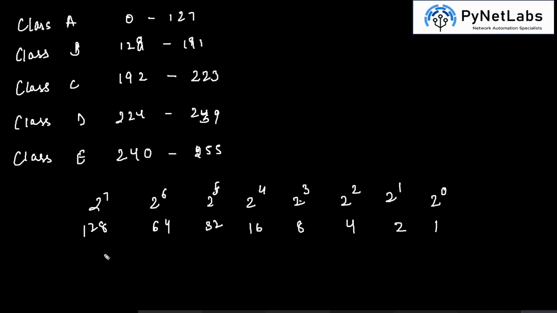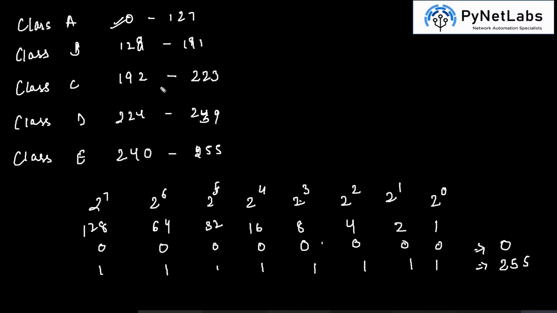If we turn all of the bits off, which is 0 for all, the result we get is 0. And if we turn all of the bits on, which is 1, and sum them up, the result is 255. So this is the reason why our ranges start from 0 and end at 255.